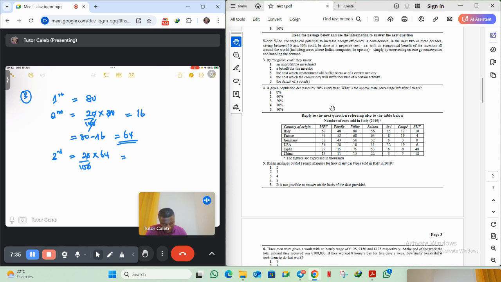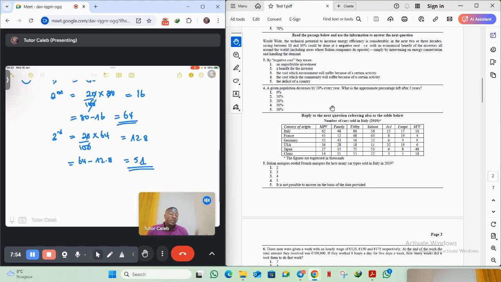That will be 12.8. So you get now 64 minus 12.8. That will be around, let's say, 50, 51. So by the end of the third year, you should get 51 people or 51%.